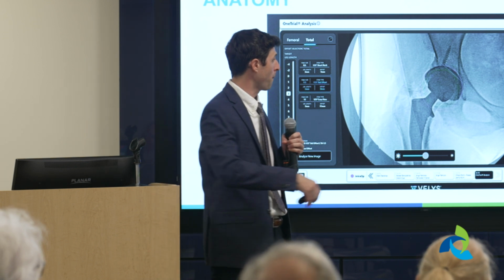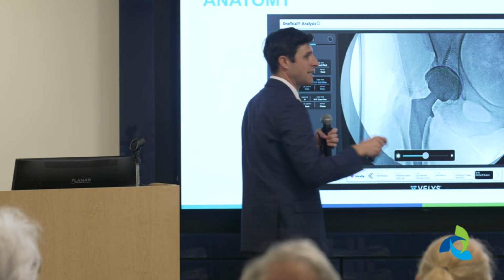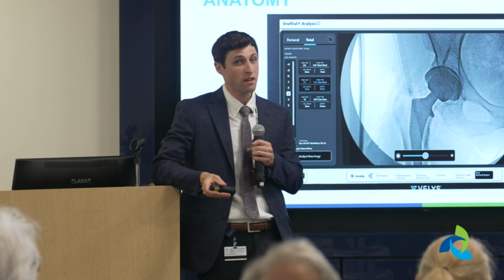In addition, it allows me to put the components exactly where I want to put them, and I have objective numbers to use. One of the problems after hip replacement is dislocations. I don't know if anyone's ever heard of somebody whose hip popped out, but that's a risk that can happen after a hip replacement.